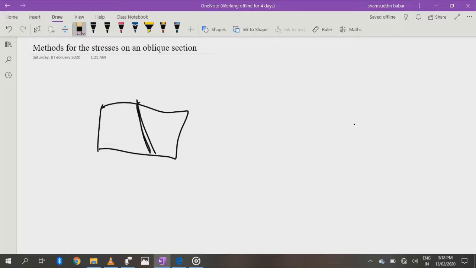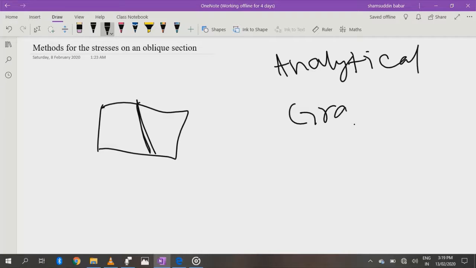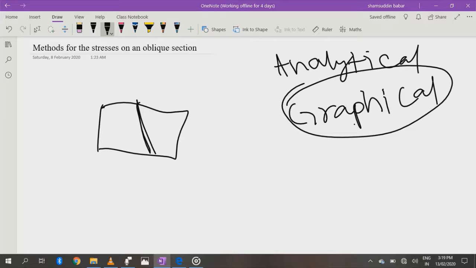To find out the stresses in an oblique section, there are two methods. One is analytical, another is graphical. The graphical method is well known to all of you, that is Mohr's circle.